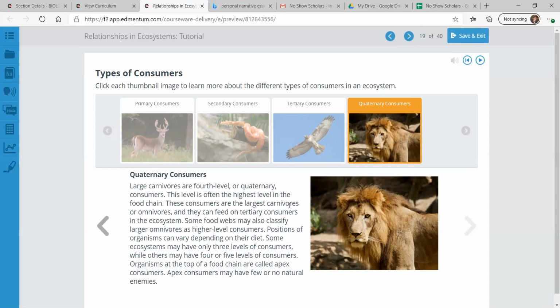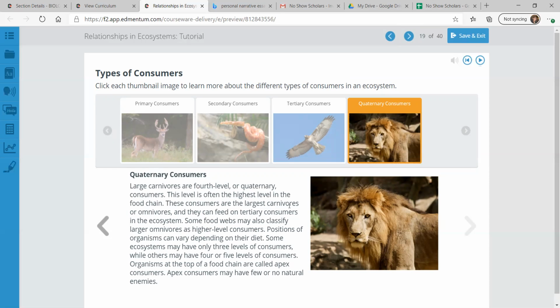Some food webs may also classify larger omnivores as higher level consumers. Positions of organisms can vary depending on their actual diet. Some ecosystems may have only like 3 levels of consumers, while others may have 4 to 5 levels of consumers, depending on how complex the area is.